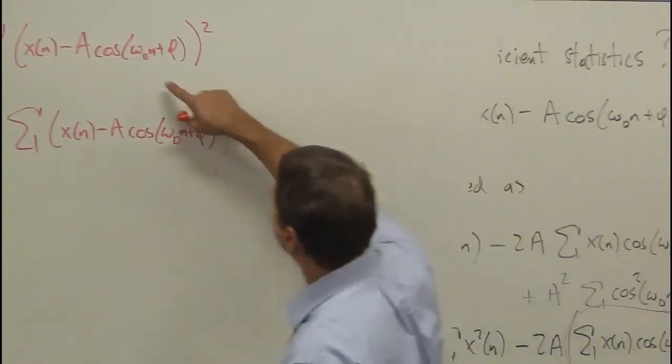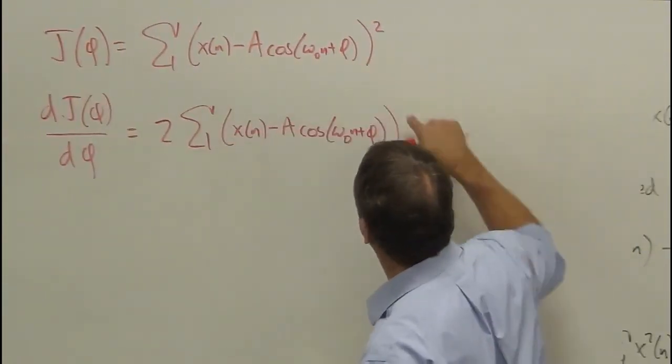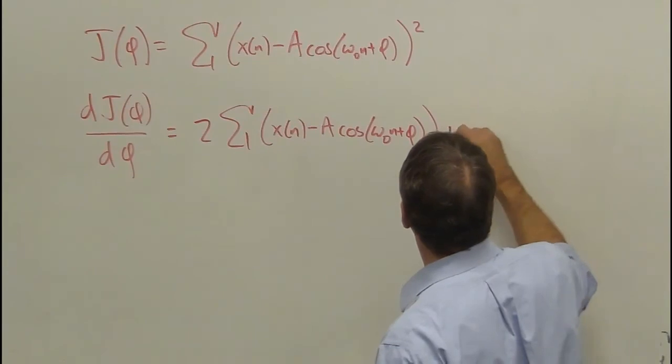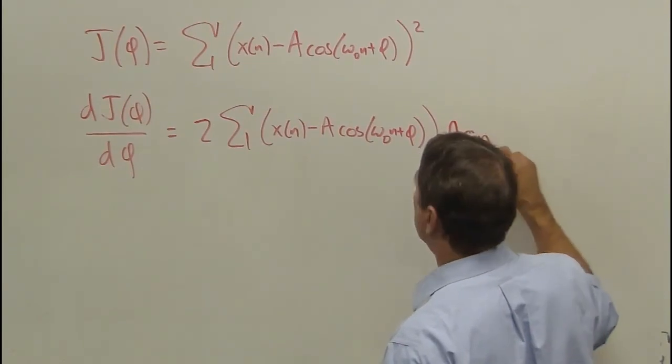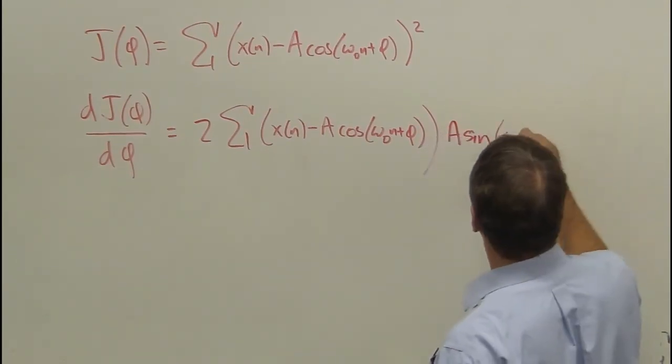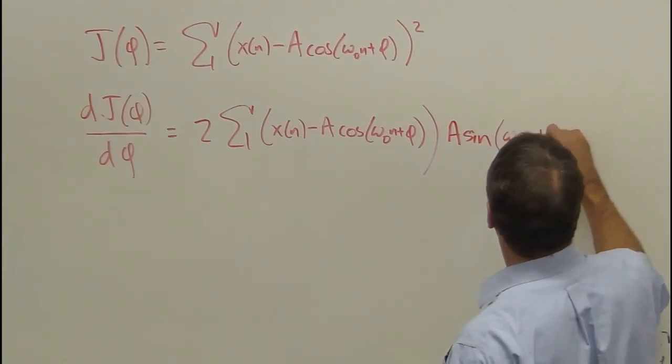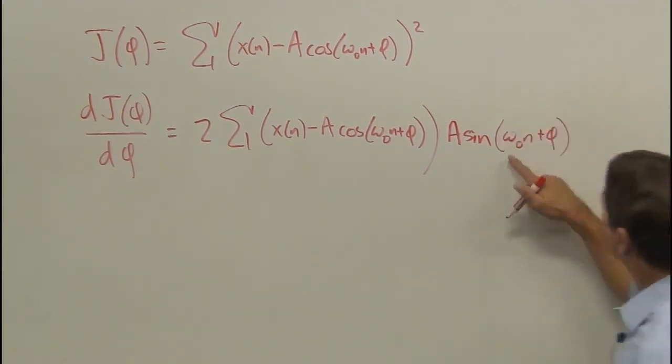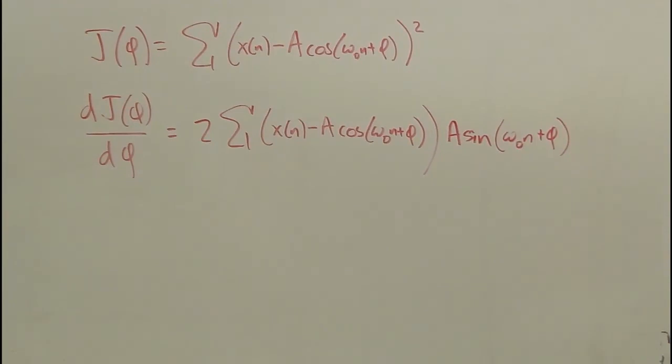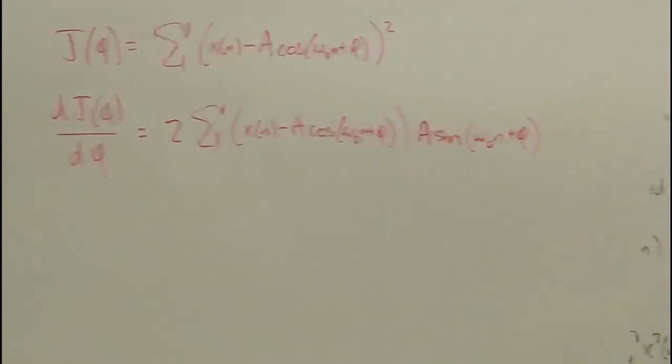So we'll get the derivative of this with respect to phi as the factor out here. That will give us an a times the sine of omega 0 n plus phi, times the derivative of this, which is 1.